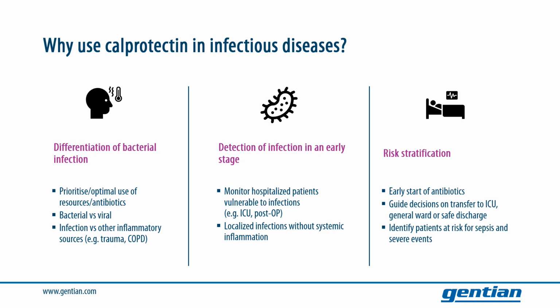In conclusion, the differentiation and management of bacterial infections can be improved by incorporating calprotectin measurements. Prioritizing resources and antibiotics, distinguishing bacterial and viral infections, identifying infectious from other inflammatory sources, early detection, monitoring vulnerable patients, risk stratification, and guiding treatment decisions are key elements in providing optimal patient care.